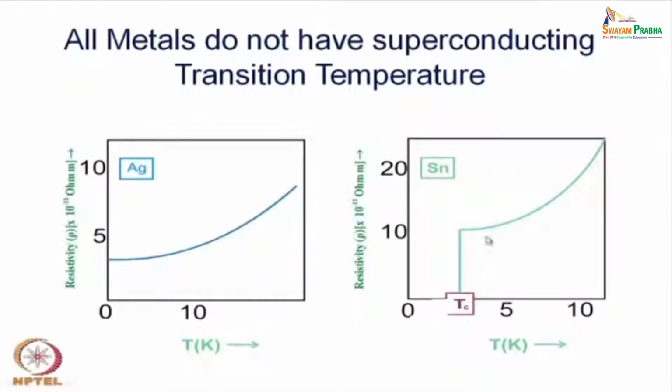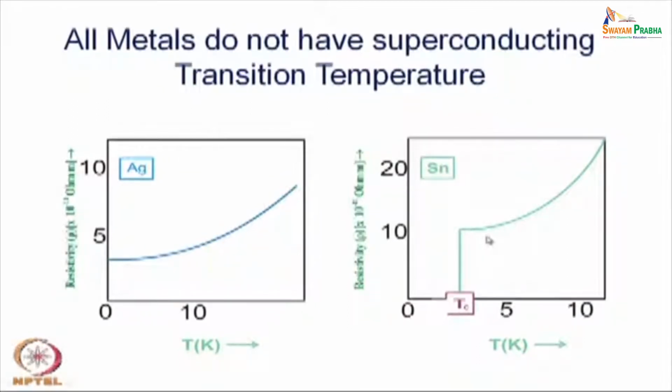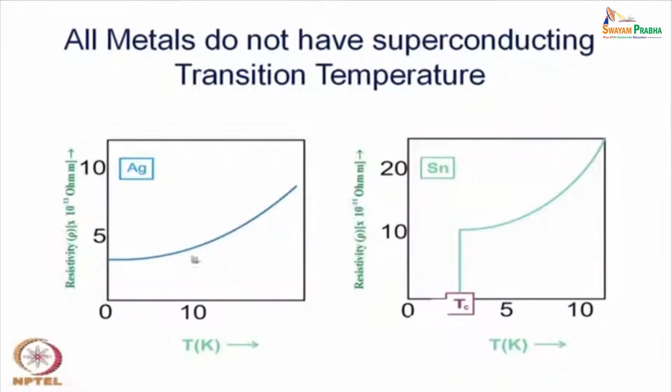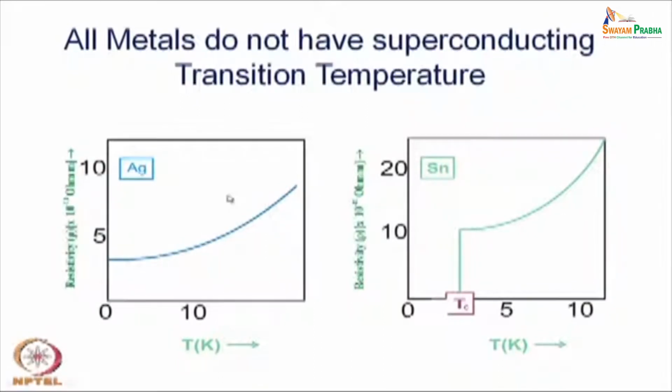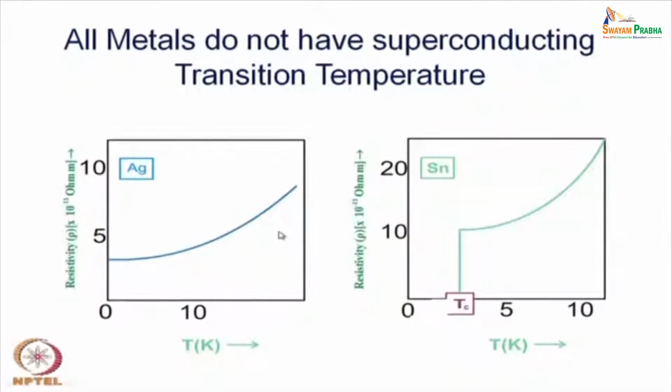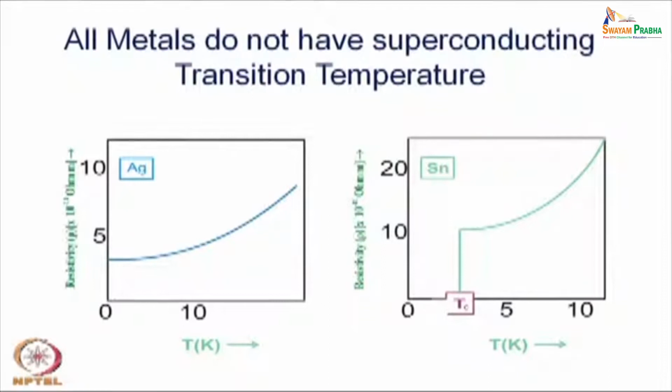So, this is a typical superconducting behavior of elements. Silver is highly conducting in the normal condition, but it does not have a superconducting property. So, it is related to something else, its structure, its electron phonon interaction and so on.